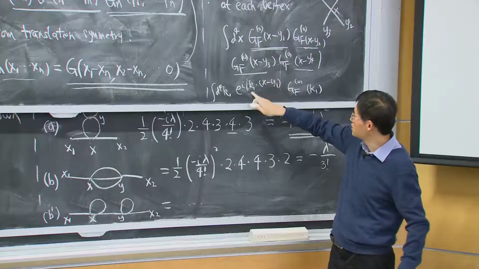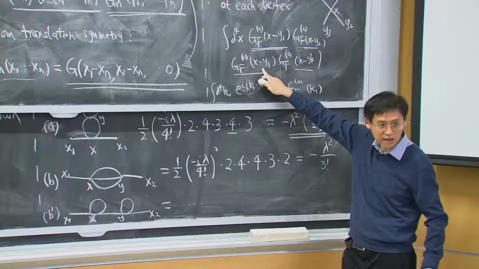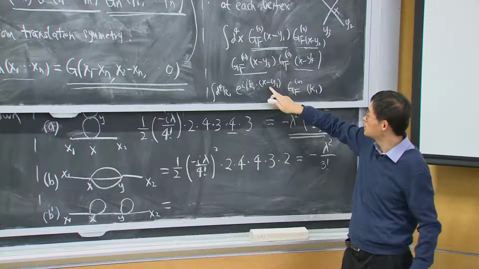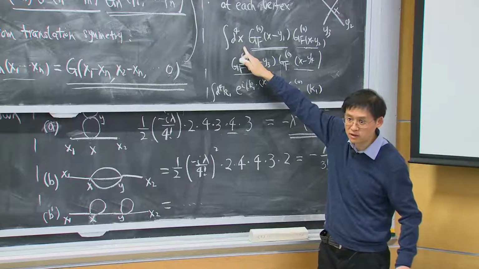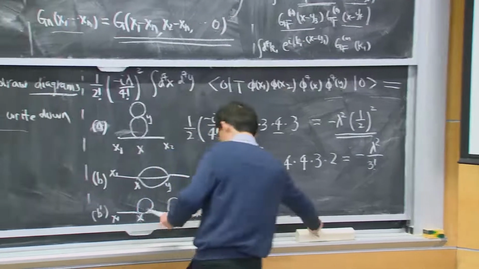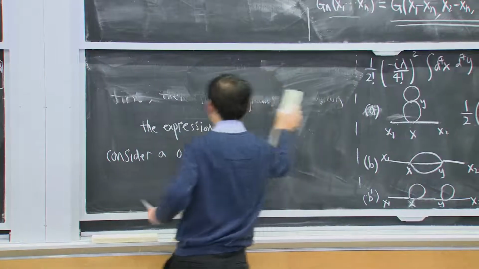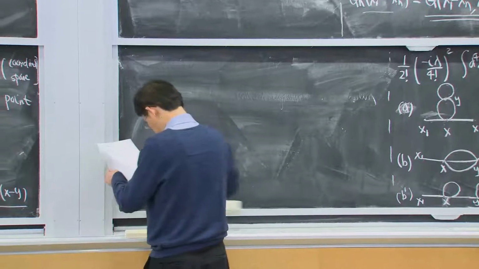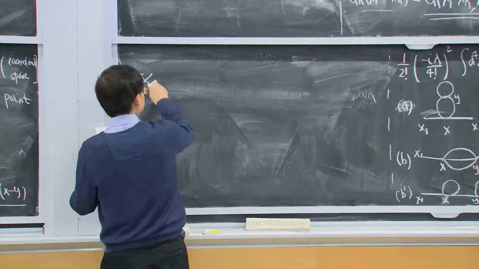Now these have exponential i k1 x, these have exponential i k2 x, these have exponential i k3 x, and these have exponential i k4 x. There's no other x dependence, and then you have d4x here, okay? So what you get is just a delta function.